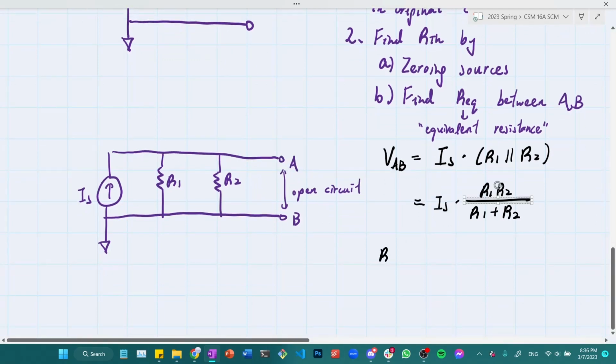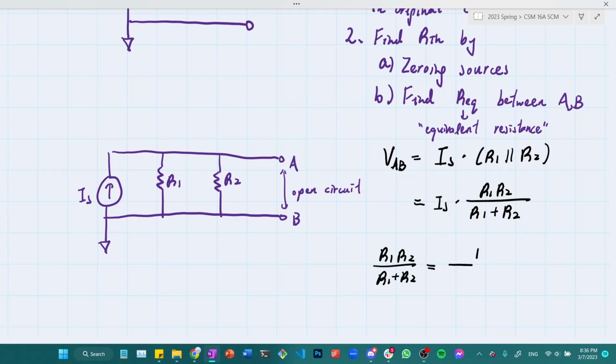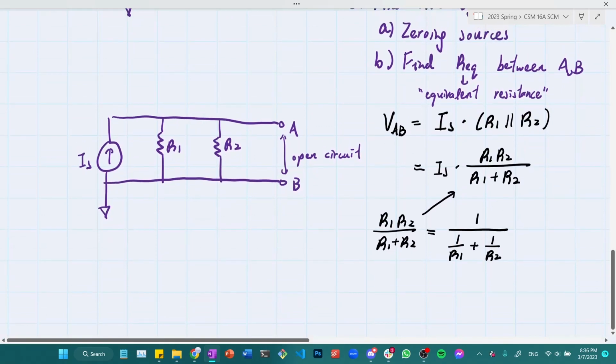This comes from the fact of this being equal to the equivalent resistance of parallel resistors, which follows the form as written below here. Okay, so now we have found VAB and we'll use it as VTH.